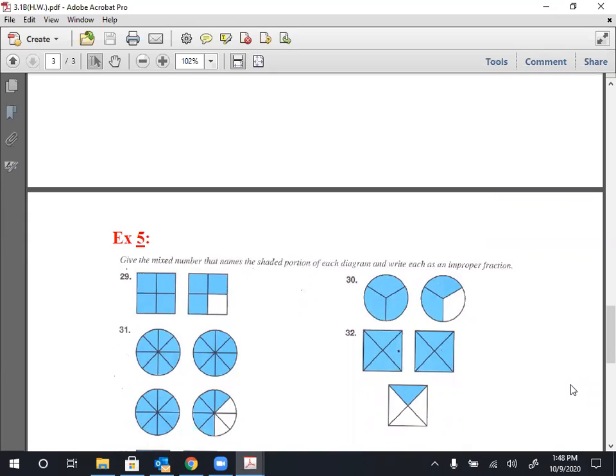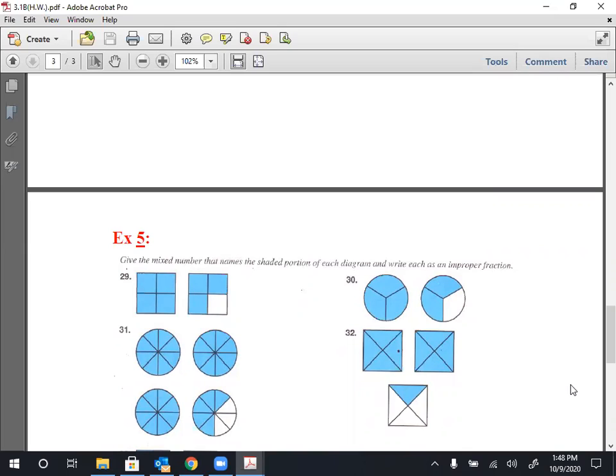Anytime the entire figure, the square, the circle, the rectangle, whatever it is, is shaded, that counts as 1. So for 29, you count the completely shaded square as 1 whole, and you focus on the other square. Now, how many are shaded in the other square? 3.